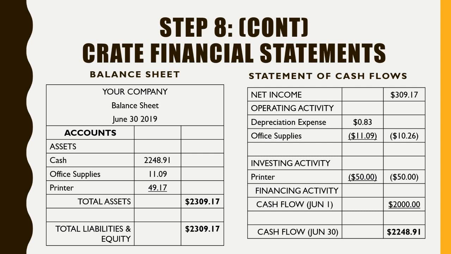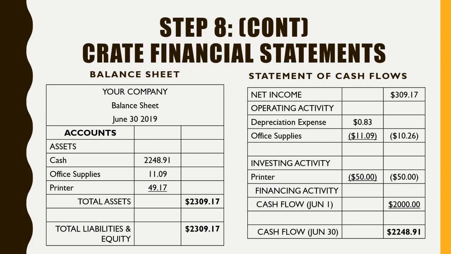Once you've done that and you compare everything, it should match the beginning of your bank account as of June 1st, and then equal the amount of cash remaining as of the end of June.